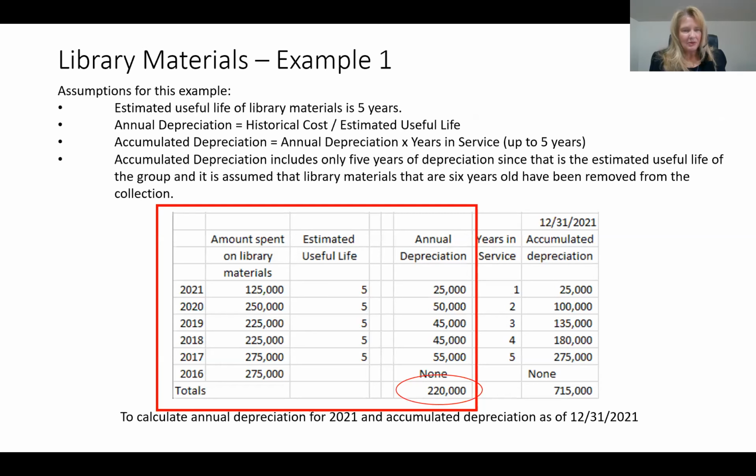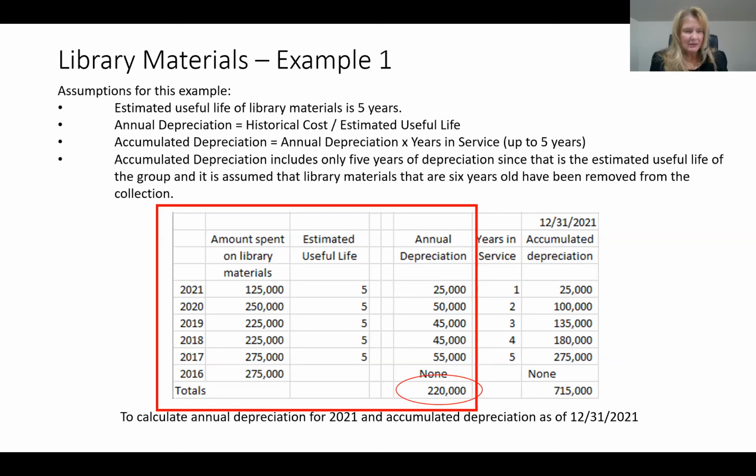Okay, on this example, again, this is the same chart that it was before, but I wanted to show you this time the annual depreciation column. So for 2021, I have the amount that I spent on library materials this year, dividing that by the estimated useful life to come up with an annual depreciation.